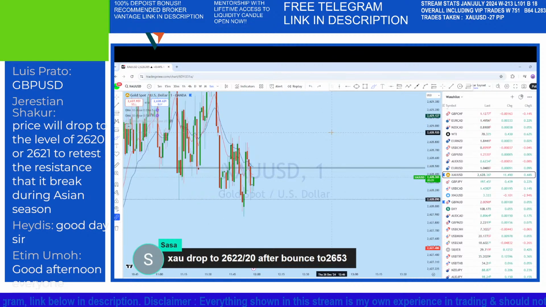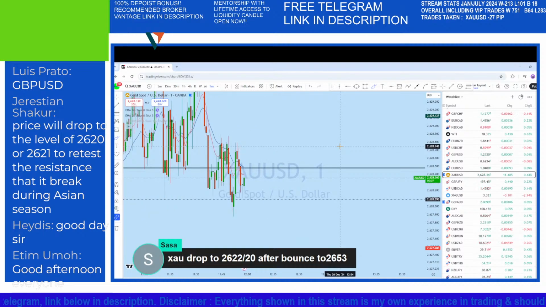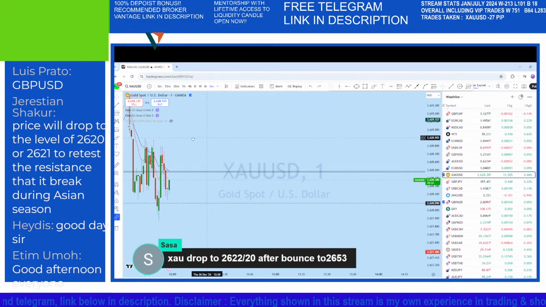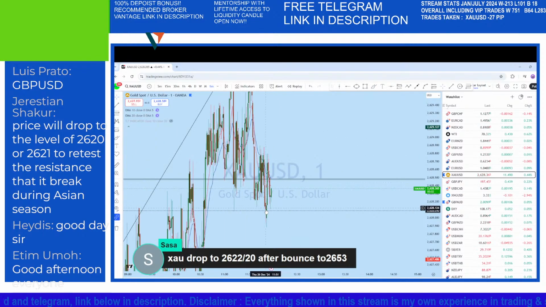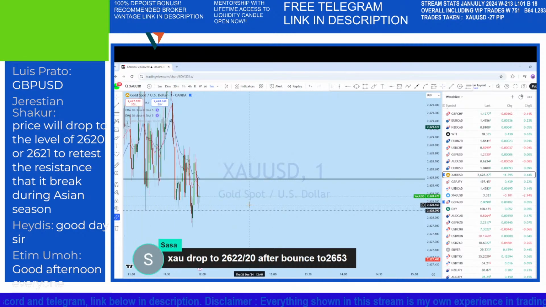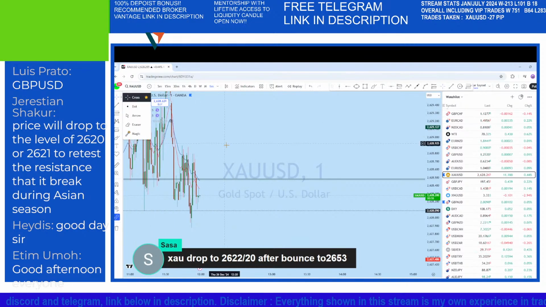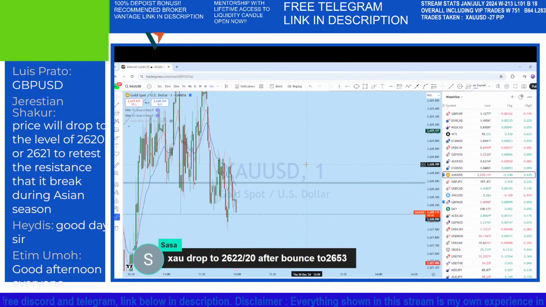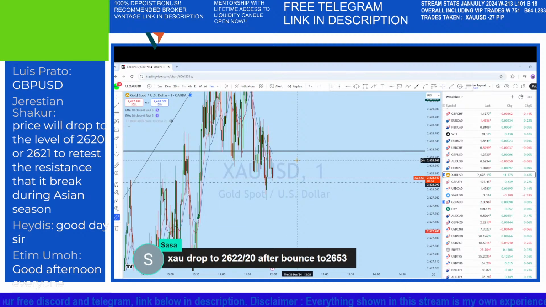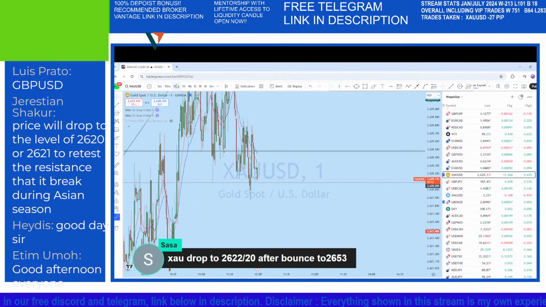We'll see how much it's going up, and if it is forming that inverted head and shoulder, which is what I'm not expecting, but it might break in this direction here.